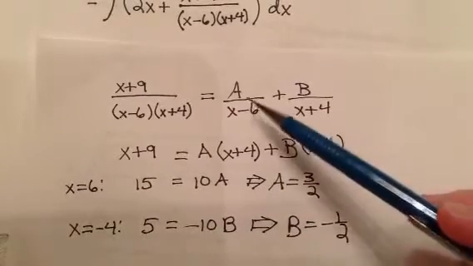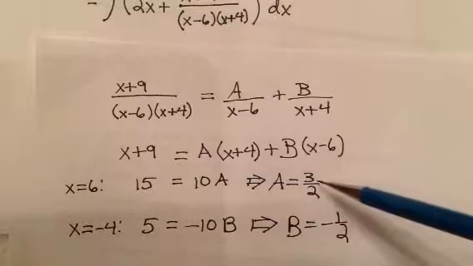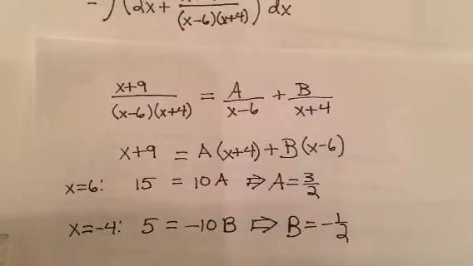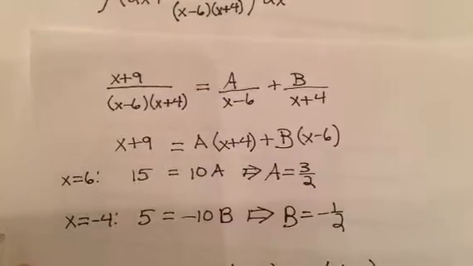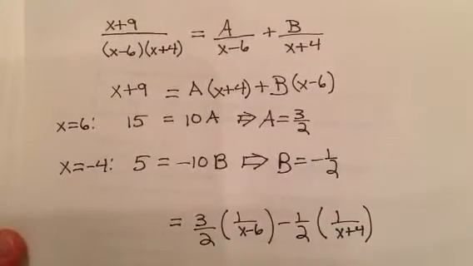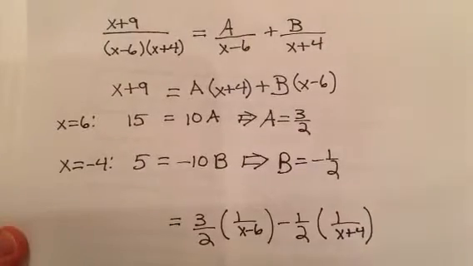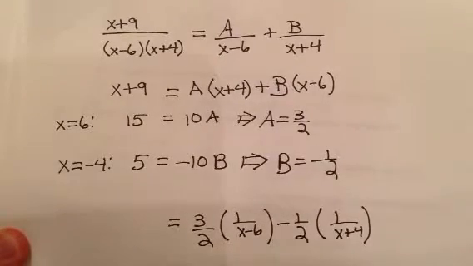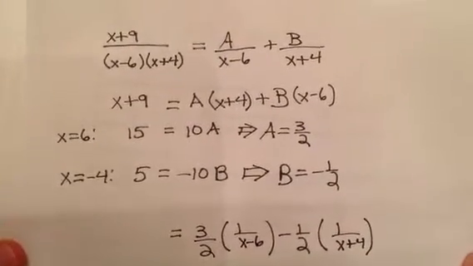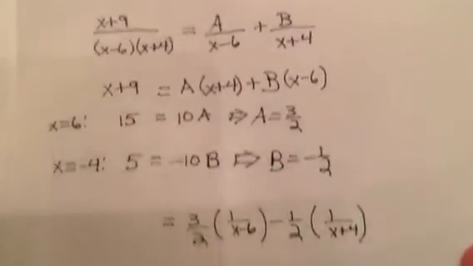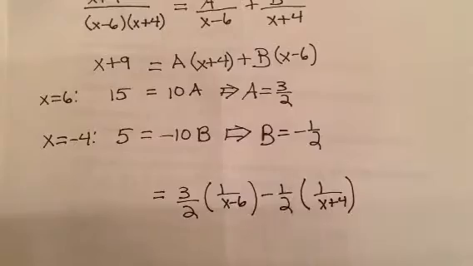So for the partial fraction decomposition, we have 3 halves over x minus 6 as well as negative 1/2 over x plus 4. Having established the decomposition, we can carry over this set of terms and integrate.